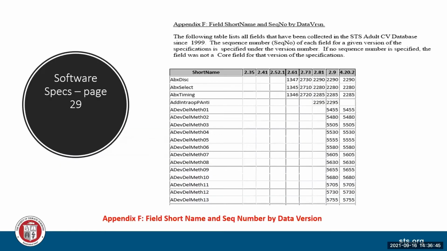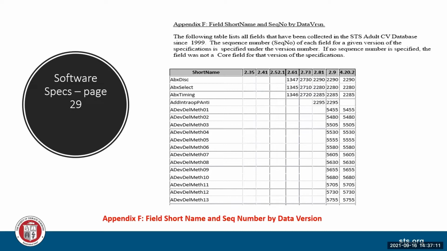On page 29, this is the field short name and sequence number by data version. As you can see, antibiotic discontinuation, which is a short name, the first one up there, in version 2.61, the sequence number was 1347, but now in version 4.2, it's 2290.